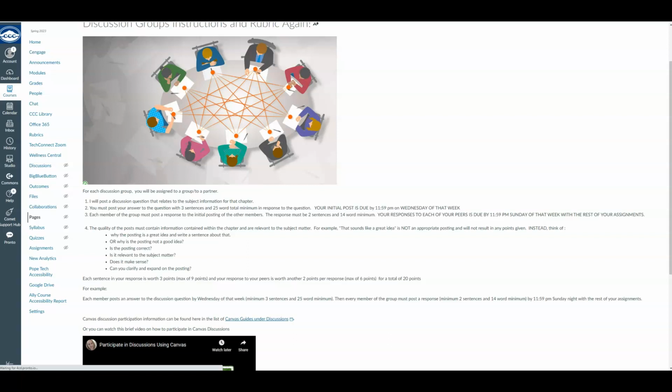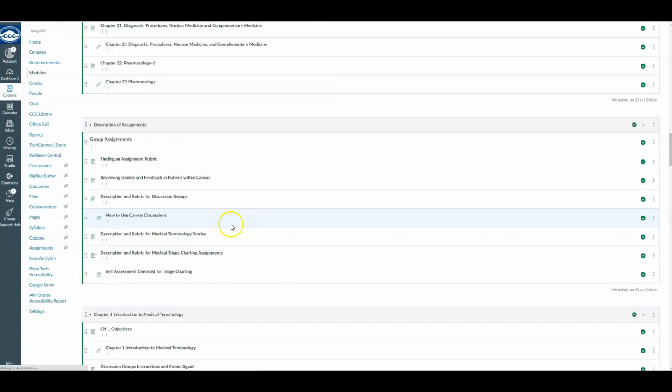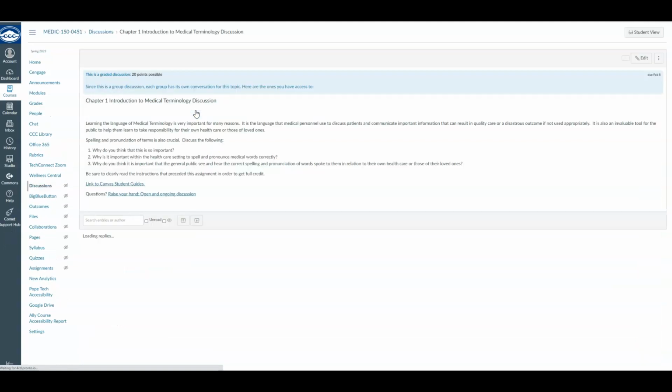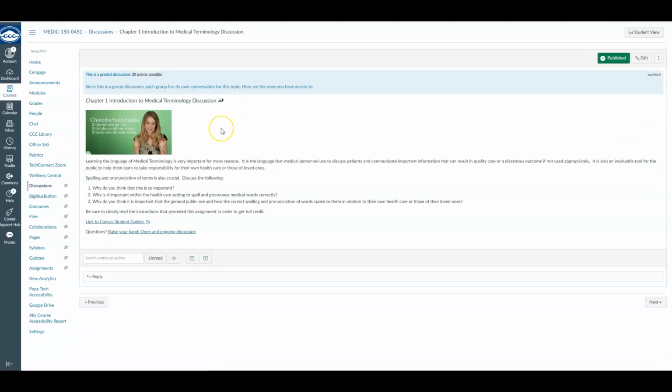Then we're going to go back and we're going to look at the actual discussion for Chapter 1, which is an introduction to medical terminology. You'll each be assigned into groups of 3. There's one group that only has 2 because there's an uneven number of people. So when you find your group, you'll be assigned to it, and then in each group you have your own little instruction sheet.